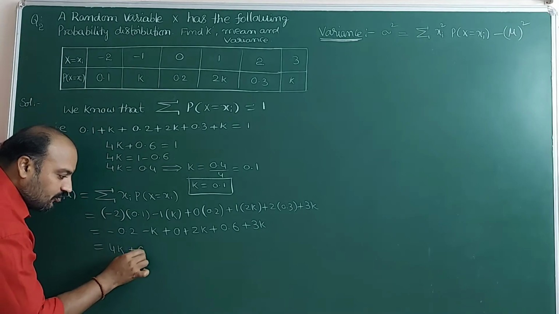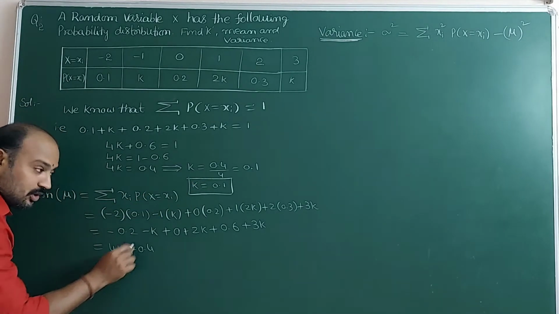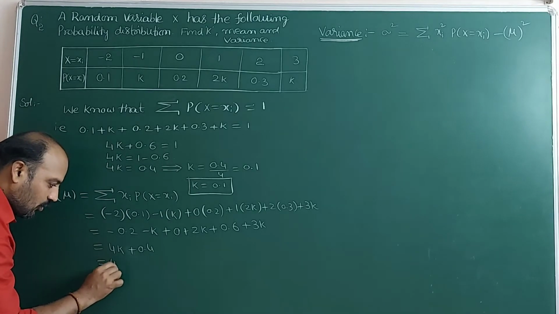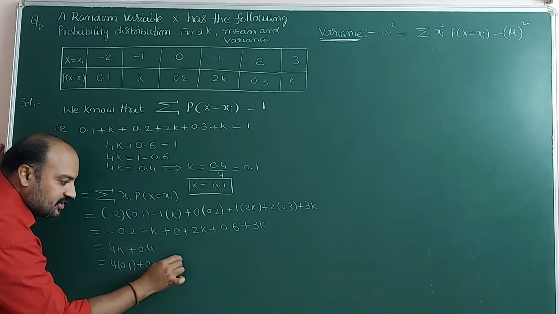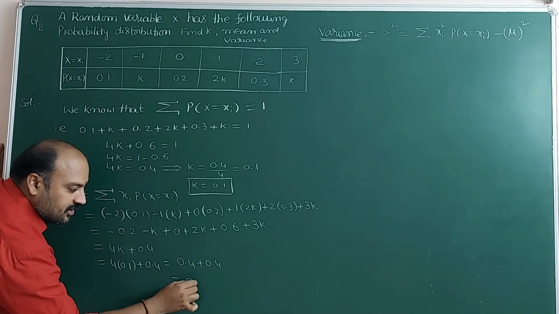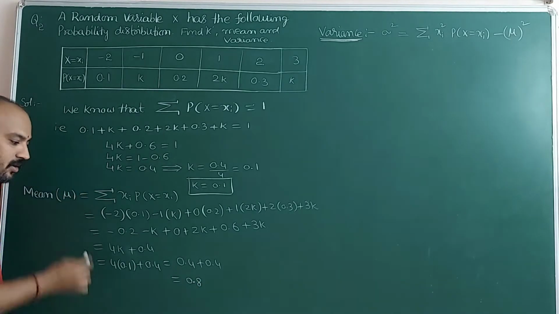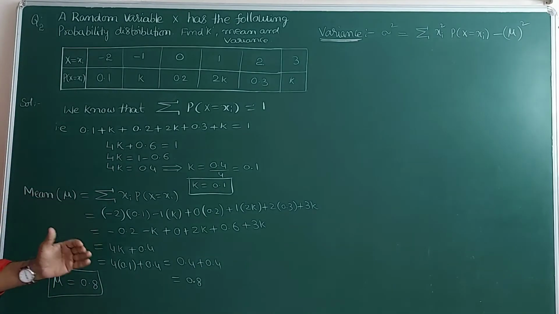So plus 0.4. So k value is 0.1, which is equal to 4 times 0.1 plus 0.4, which is equal to 0.4 plus 0.4, 0.8. Therefore, the mean of the random variable mu is equal to 0.8. So we got the mean of the random variable.